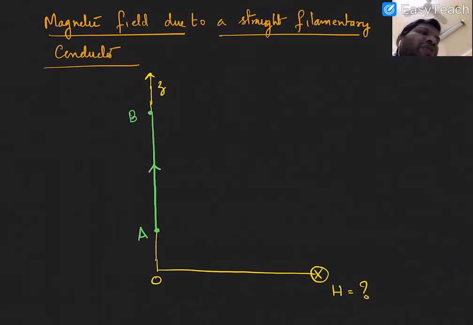Now I want to find what is the magnetic field at this point. Now let us consider a small differential element dl. So you see here the current is going up. So we will consider a small differential element dl bar, and you know this dl bar is nothing but dl, that is the magnitude, and the direction is al, okay.